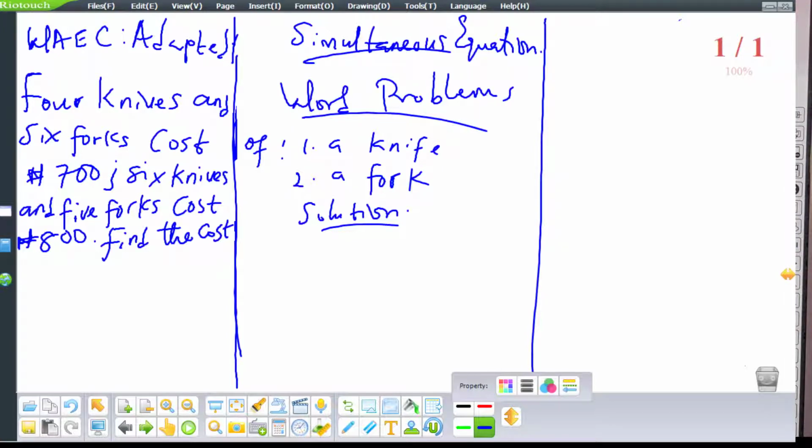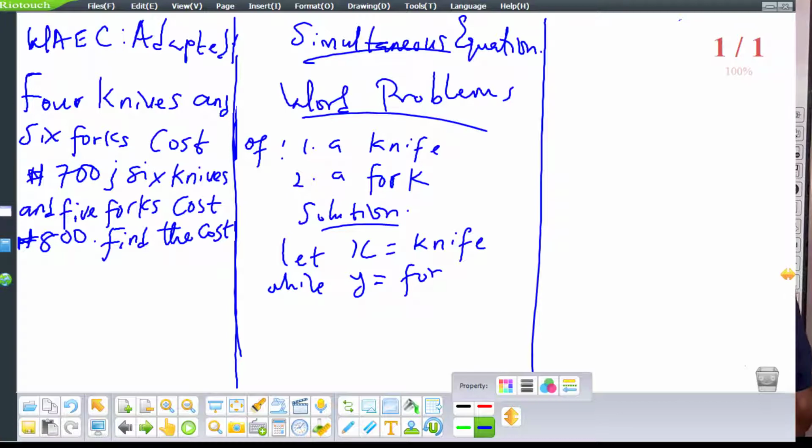So we could say let x equal knife, while y equals fork. That is, anywhere you see fork, you put y, and anywhere you see knives, you put x. So let's read again. It says 4 knives and 6 forks.